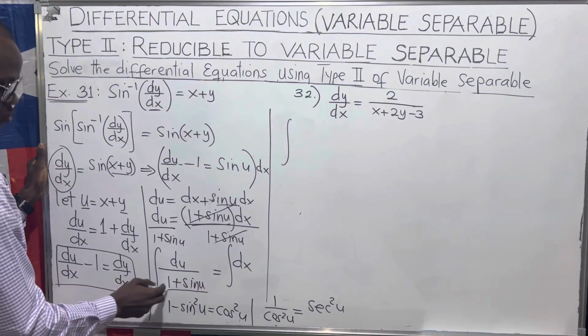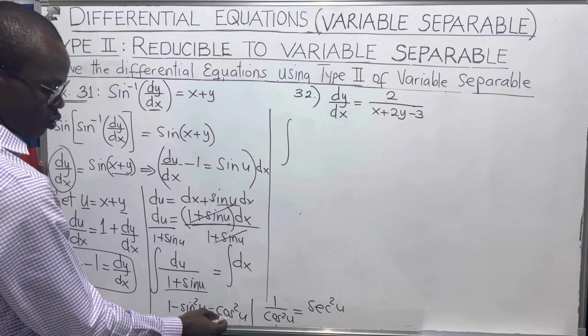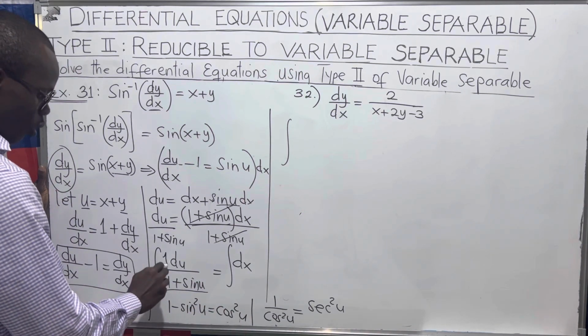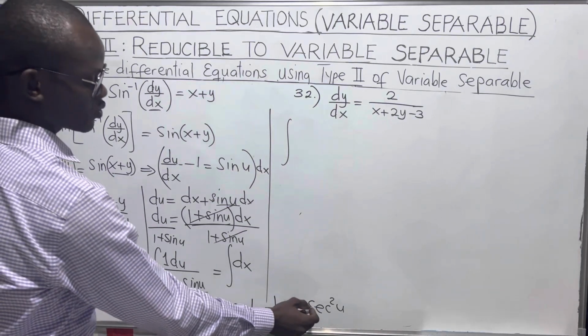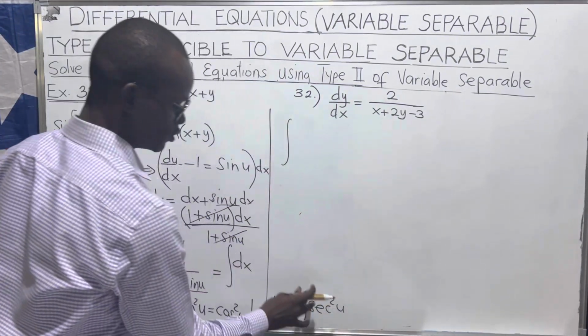So if we make this 1 minus sine square u, we can replace it with cos square u. Then 1 all over cos square u is equal to secant square u. And we know that the integral of secant square u is just equal to tangent of u.